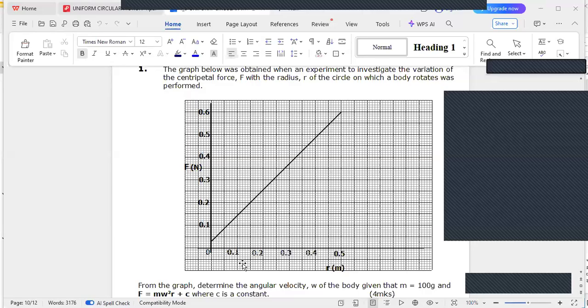So my canceling is just to show that whatever is left represents each other in both equations. That's why I've said that m omega squared represents the slope in y equals mx plus c, and c represents the y-intercept. I hope you have been answered. If I have not answered, raise your hand again.